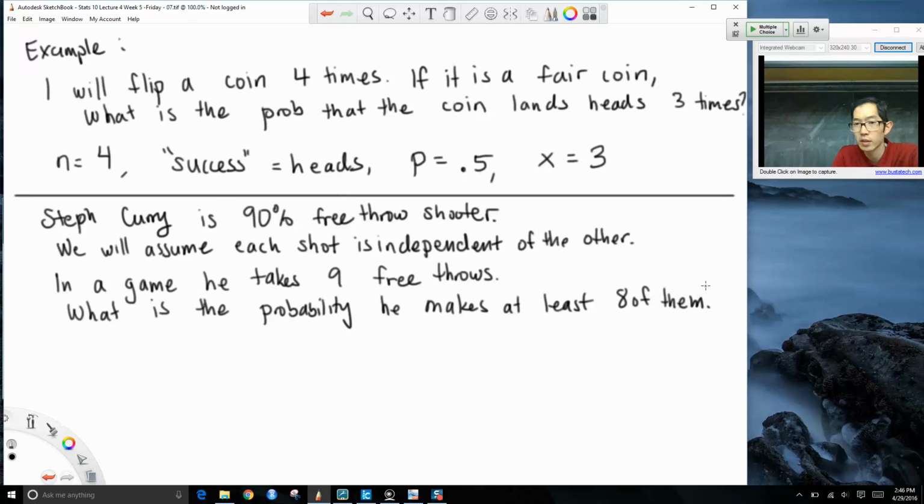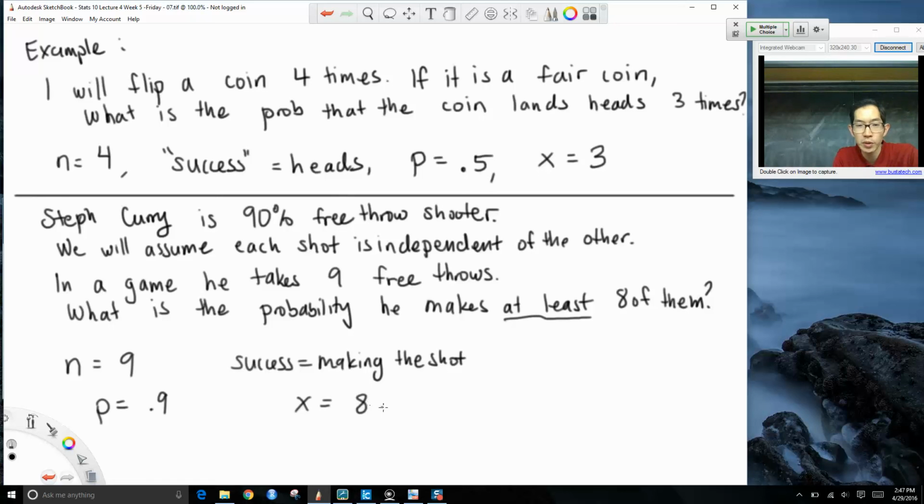So in this problem, let's identify our n, our p, and our x. How many times are we repeating this random trial? 9. And we'll say success will be making the shot. What is the probability p then? 0.9. And what is my x?